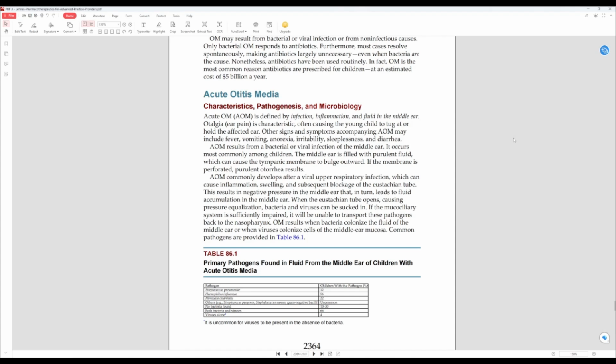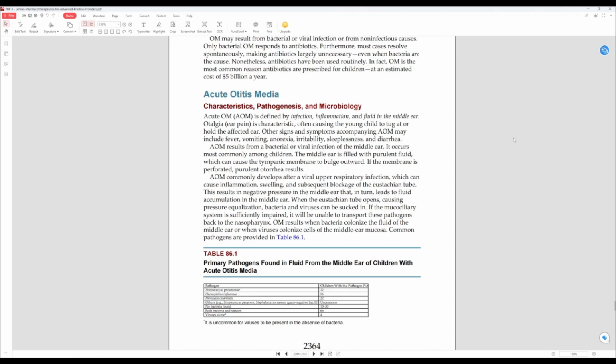Other signs and symptoms accompanying AOM may include fever, vomiting, anorexia, irritability, sleeplessness, and diarrhea. AOM results from a bacterial or viral infection of the middle ear. It occurs most commonly among children. The middle ear is filled with purulent fluid, which can cause the tympanic membrane to bulge outward. If the membrane is perforated, purulent otorrhea results.